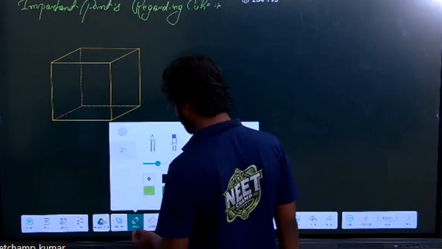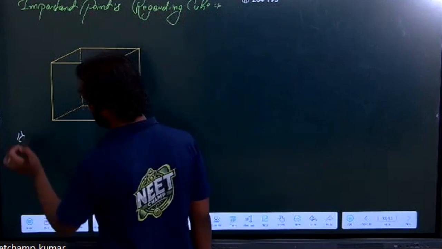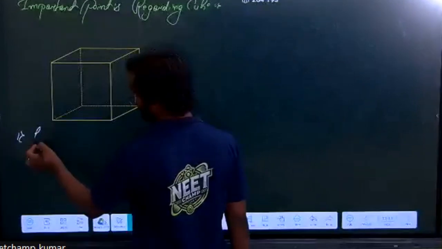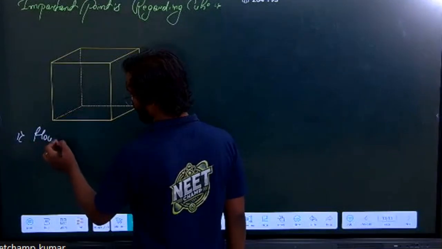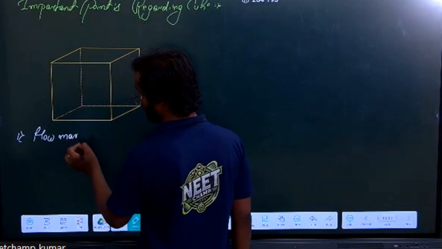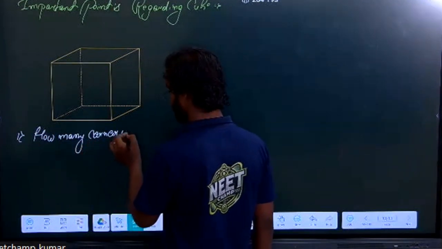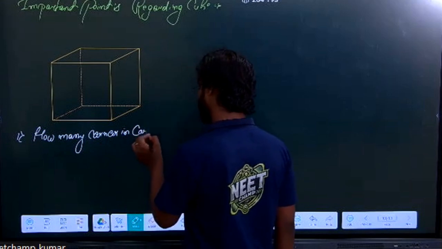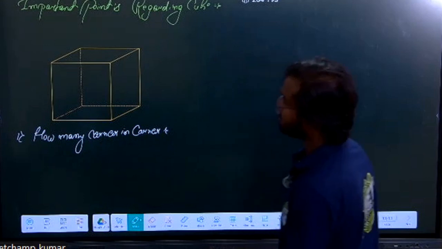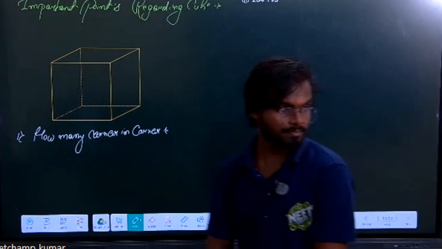Okay, first tell me, I will ask you one thing. Just answer me. How many corners are there in a cube? 8.